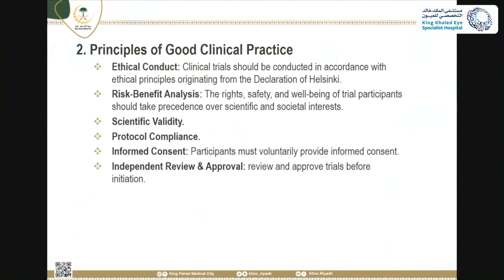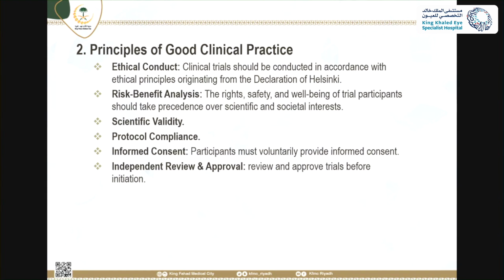Again, as a researcher, although we support you to create new knowledge or come up with a new product or medical device, this should not be at the expense of the safety of the research subject. It's not only the IRB or the research center that protects the safety of the research subject. It's also you. You will be accountable legally, and you will be liable for the safety of the research subject once you start your study.